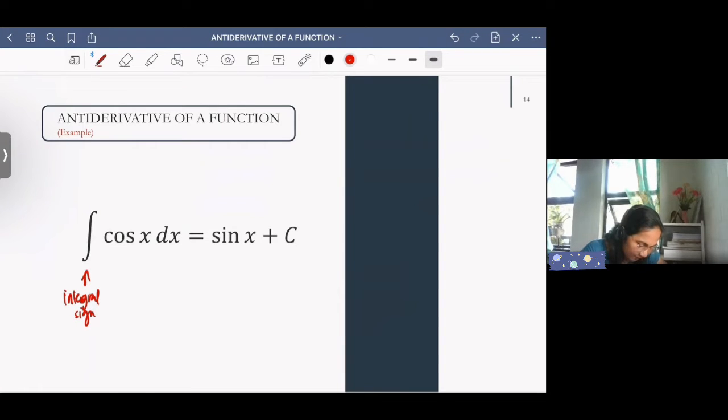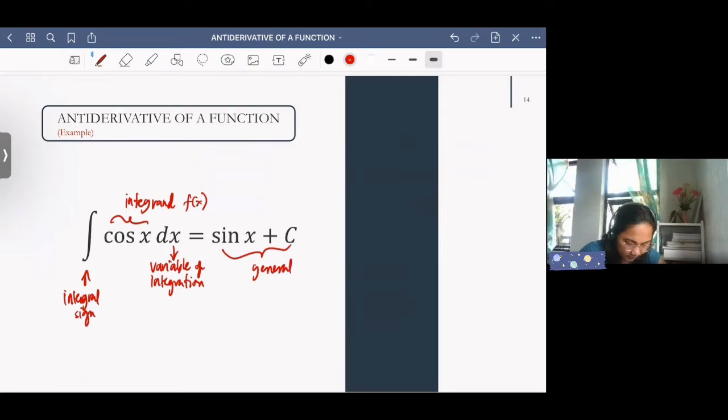We also have our integrand. This is our f of x, the variable of integration, and then our general antiderivative of a function.